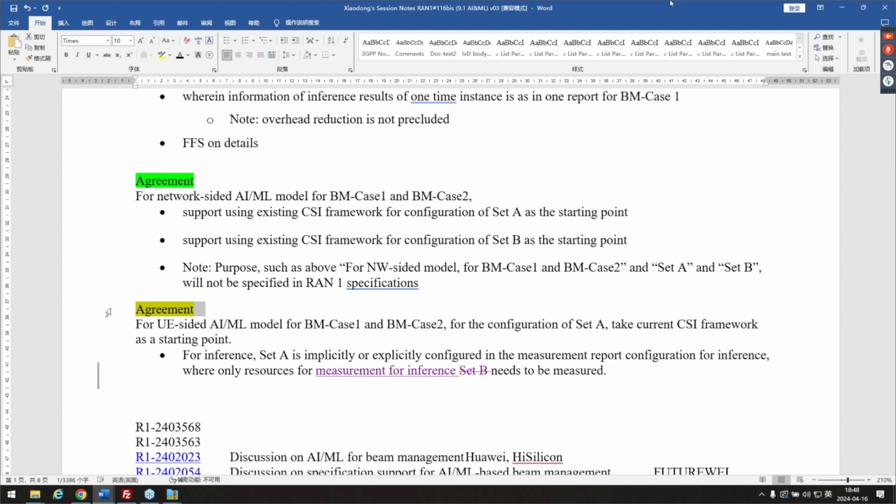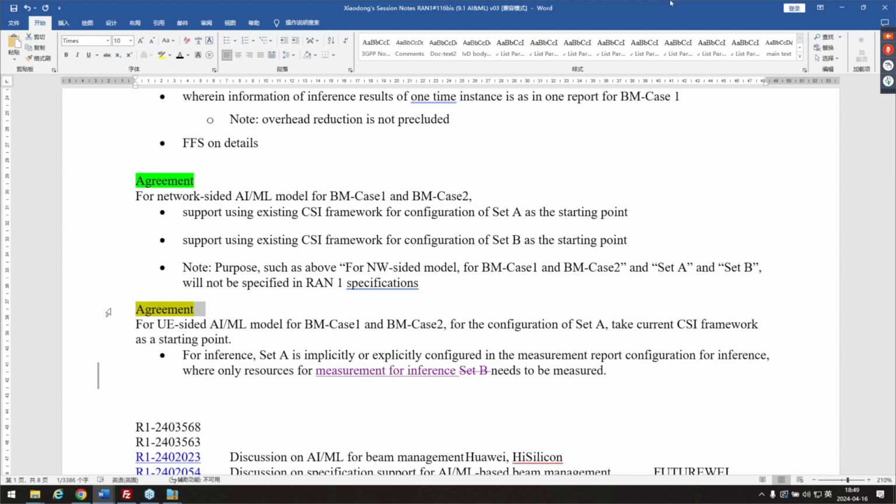Feifei: So right. First of all, I think I already explained. The reason I highlighted for inference is because for inference, the measurement report configuration may not need to configure set A, the resource for set A. And we are in the middle of discussion about whether we say resource for set A is configured or not, or how to configure this set A. The entire thing is open.